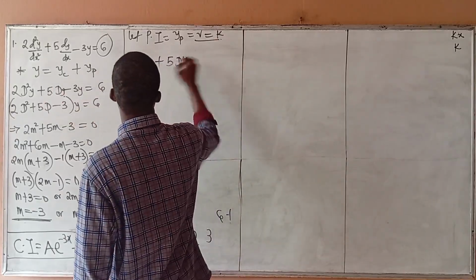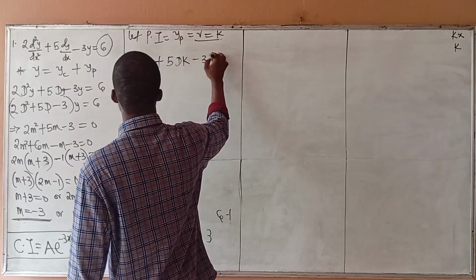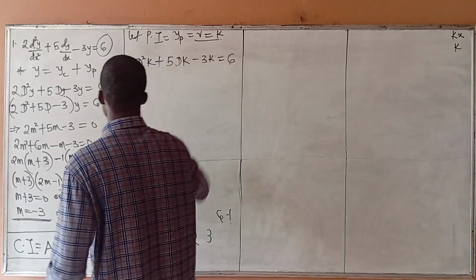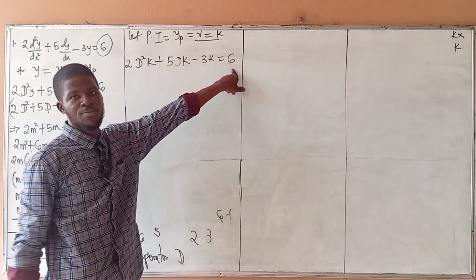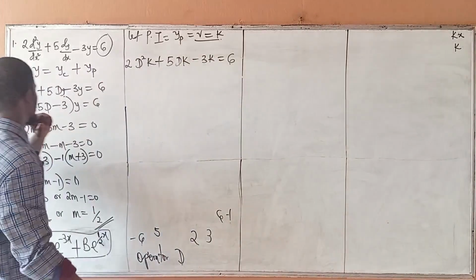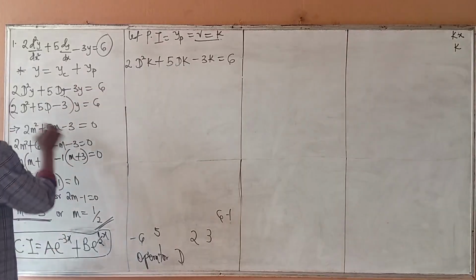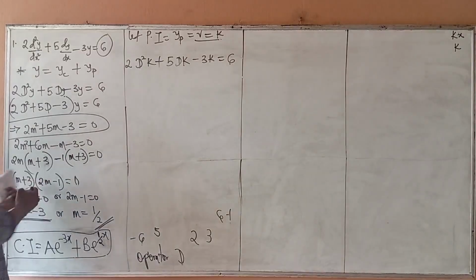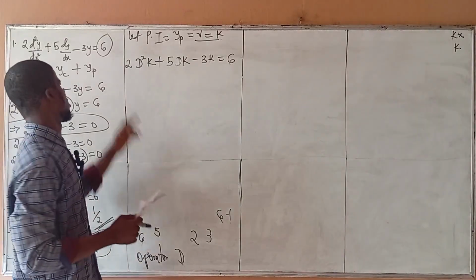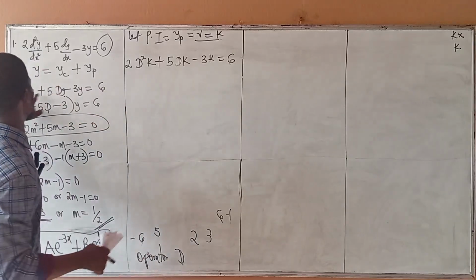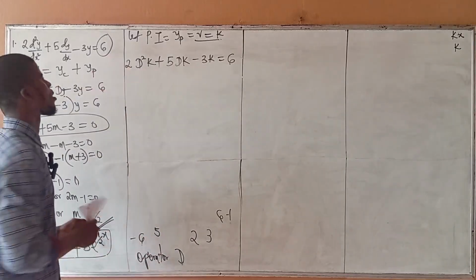As a matter of fact, that is 2D squared k plus 5Dk minus 3k equal to 6. In this case, the 6 will come in. You get it? But when you're doing the complementary function, it disappeared. But when we are calculating the particular integral, it's going to come in. Replace all the y with k.